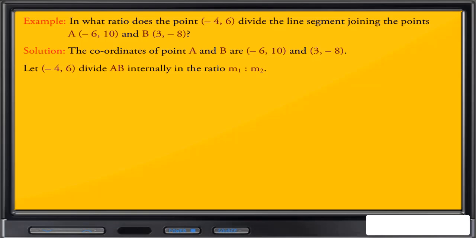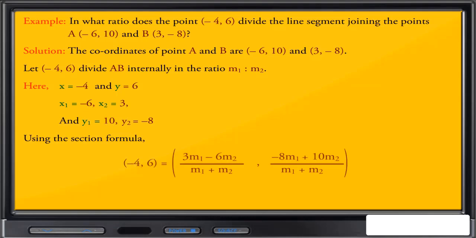Let (-4, 6) divide AB internally in the ratio m1:m2. Here, x is equal to -4 and y is equal to 6. x1 is equal to -6, x2 is equal to 3 and y1 is equal to 10, y2 is equal to -8.